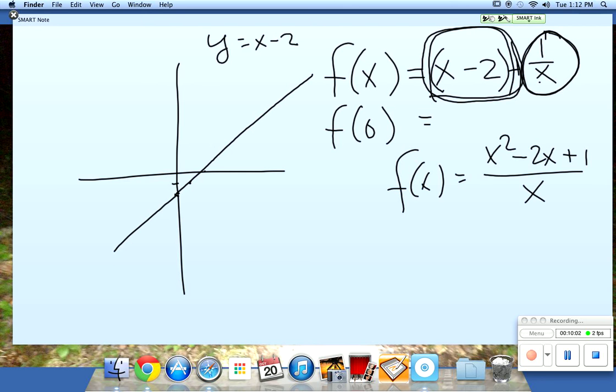Does that make sense? If I put 0 in for this, I could never hit because this is undefined here. So wherever this is undefined, we take the rest of it because we know we can't use 0, and then this would make your slanted asymptote.